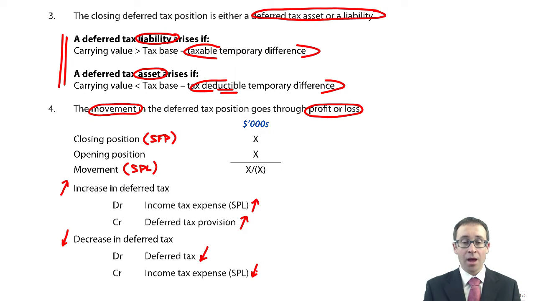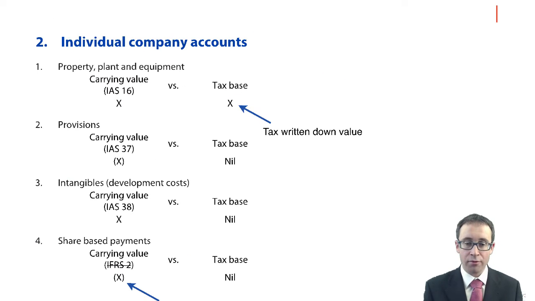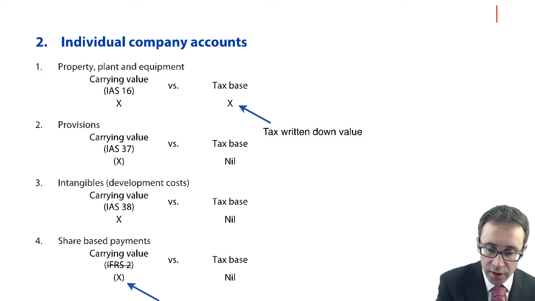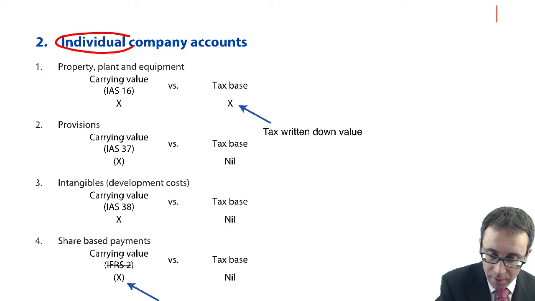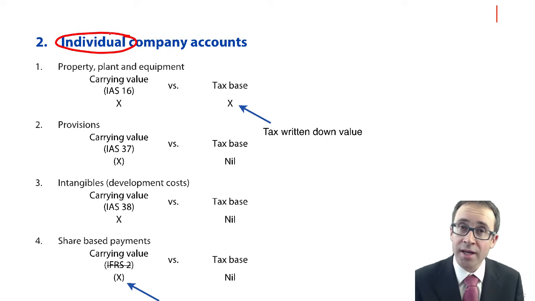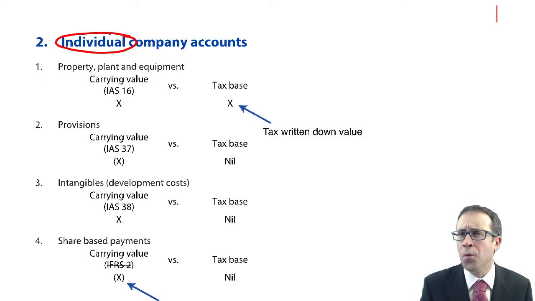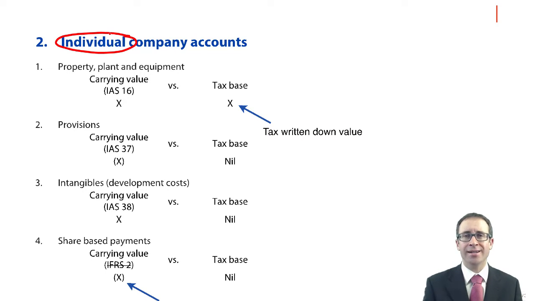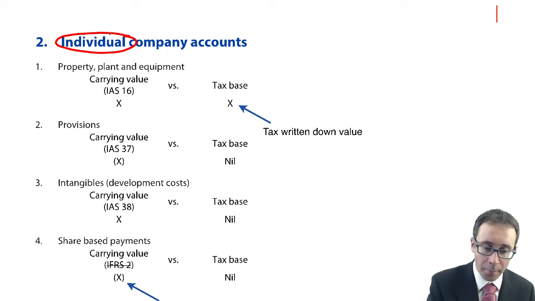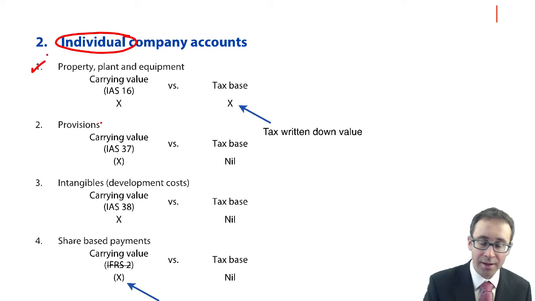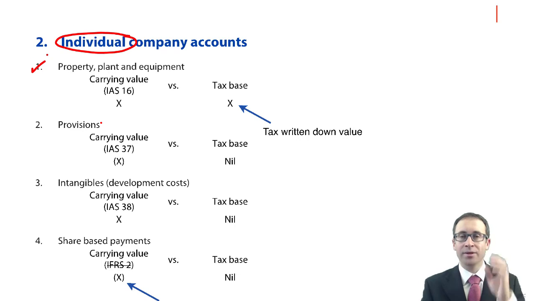Okay. So let's bring that in, shall we, with what we've seen previously. So we're going to focus first of all looking at the individual company accounts, which is what you've seen in F7, but P2 brings in group scenarios. Ooh, yeah, groups and deferred tax. That's going to be fun, isn't it? So let's just look at individual company accounts, which we've touched upon already with regards to property, plant and equipment, isn't it?